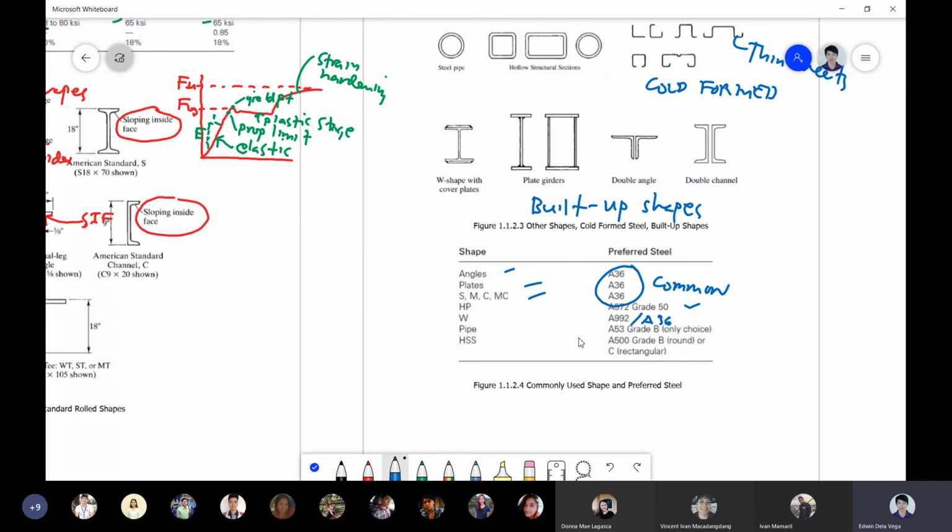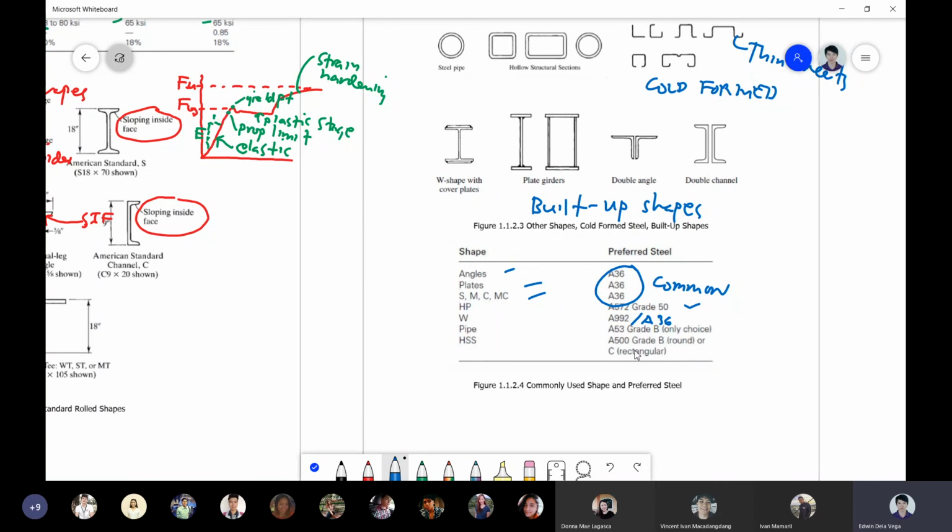And for pipes, we have the grade B. You have this only as your choice, A53. And HSS, you have only a grade B, also A500. Or it can be round, or it can be C or rectangular. Okay?